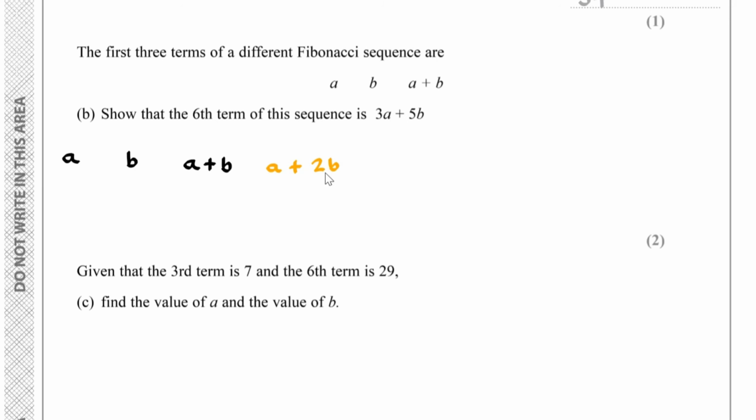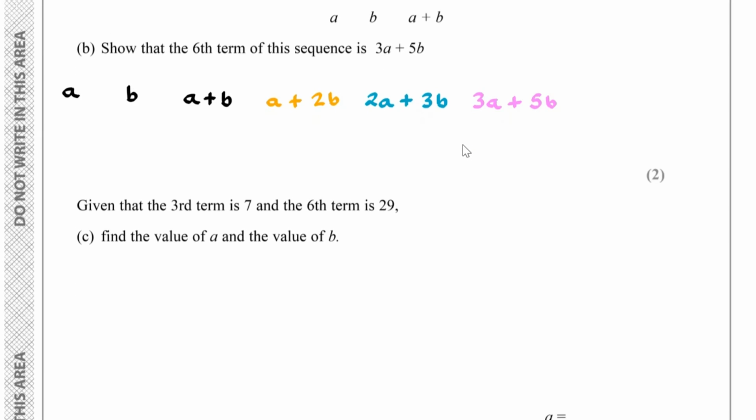A plus B plus A plus 2B, well that will be 2A plus 3B. A plus 2B plus 2A plus 3B is 3A plus 5B. So we've got the 6th term being 3A plus 5B.